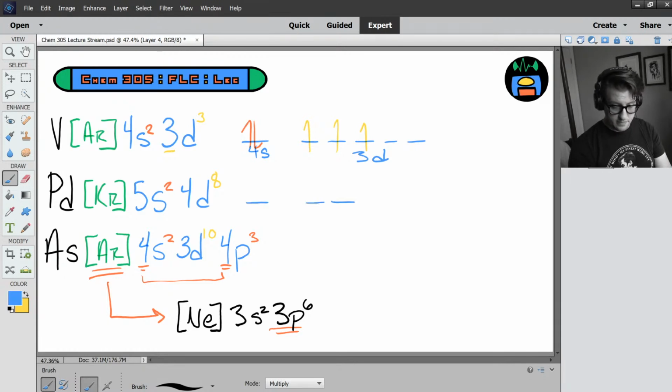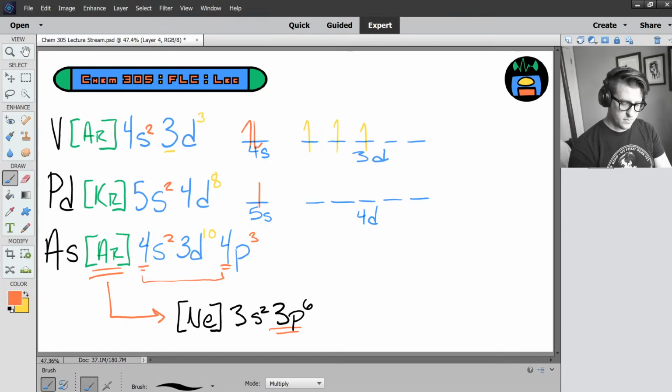For palladium, we've got 2 electrons in the 5s orbital, and we have 8 in the 4D subshell.